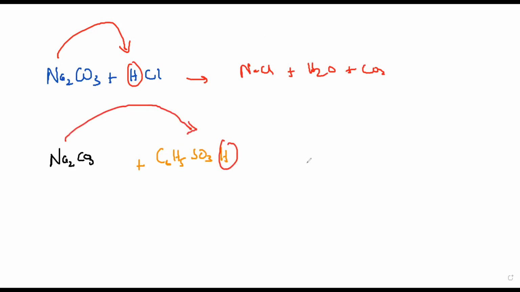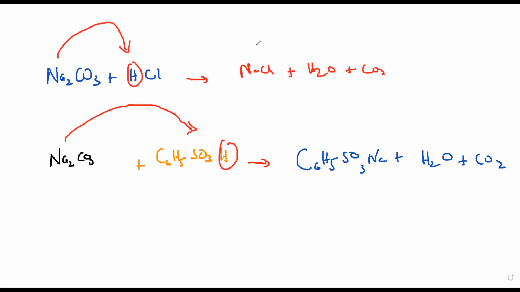C6H5SO3 has a valency of -1, and sodium is +1, so they have the same valency and we write C6H5SO3Na. That will be a salt. Then water, H2O, and carbon dioxide, CO2. Whenever acid reacts with metal carbonate, it will give salt, water, and carbon dioxide.